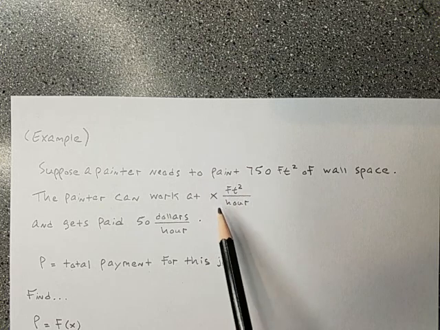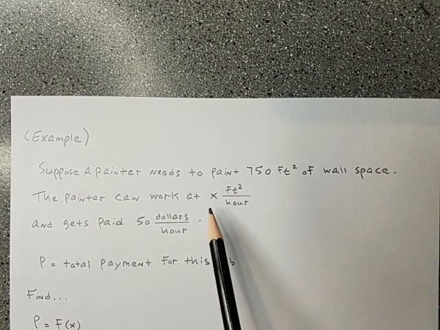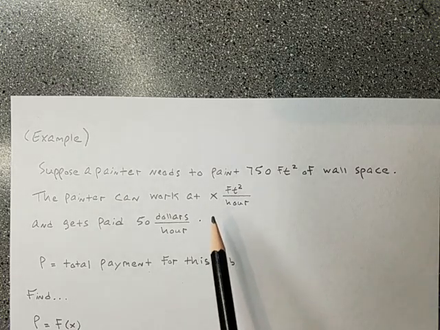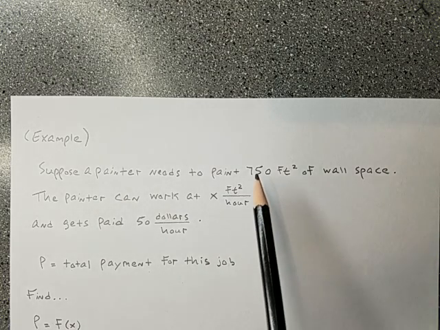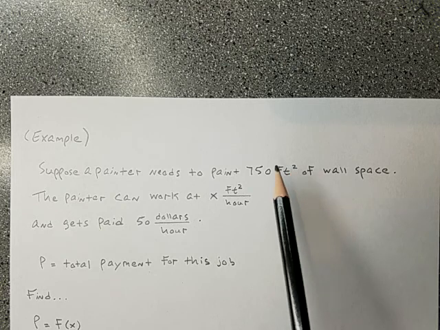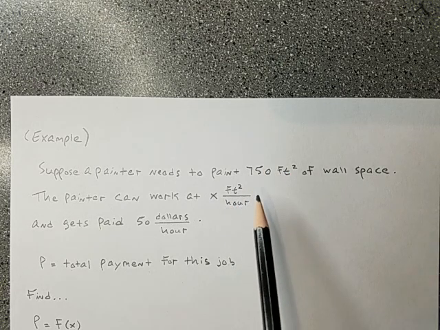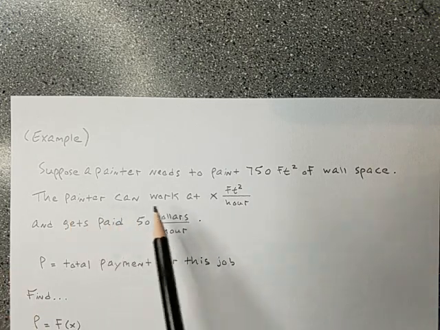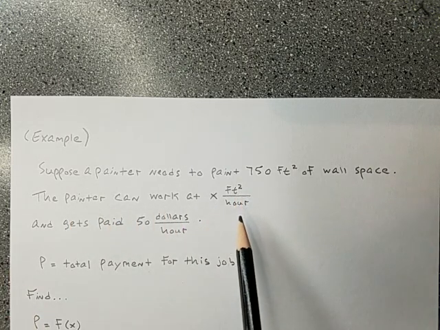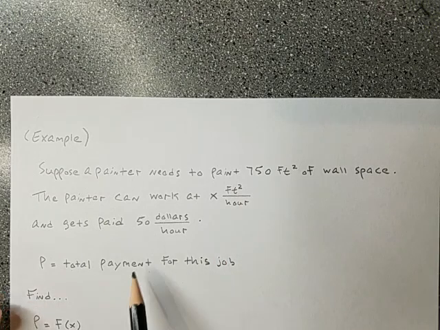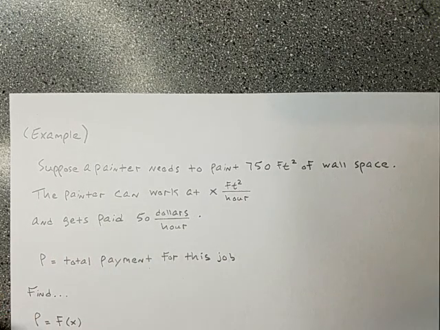So that number is not specified, but there's got to be an average rate that a painter works, right? If you measured how many square feet you could paint and how long it took you and you divided them, that would be your average work rate, okay? So the painter can paint at so many square feet per hour. And the painter gets paid $50 per hour.